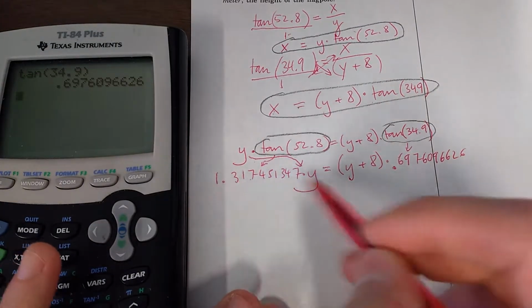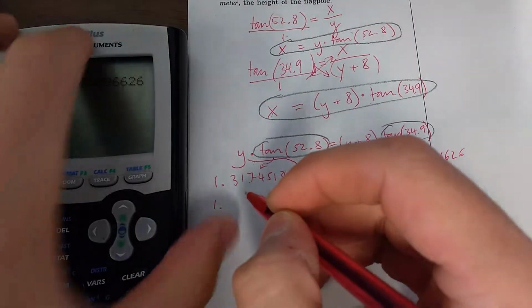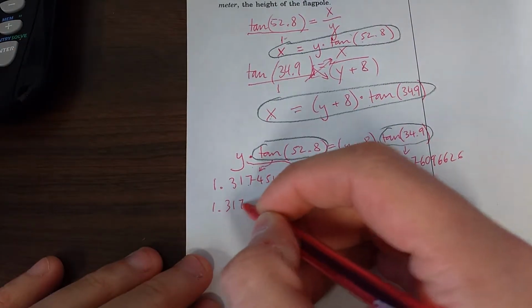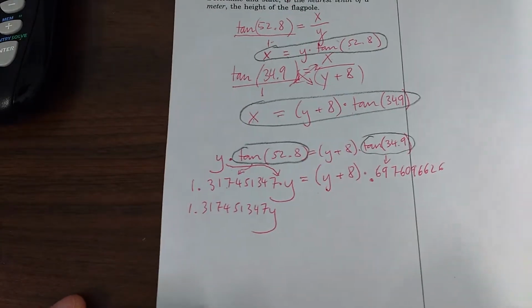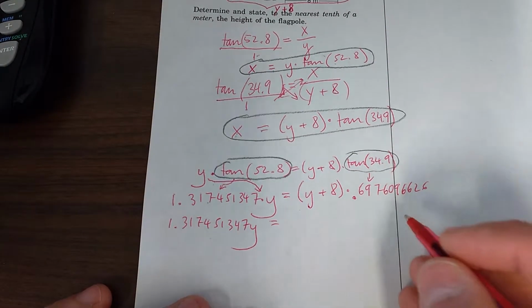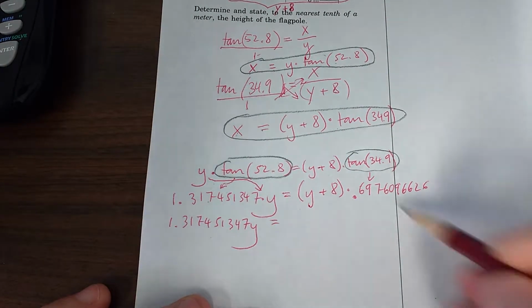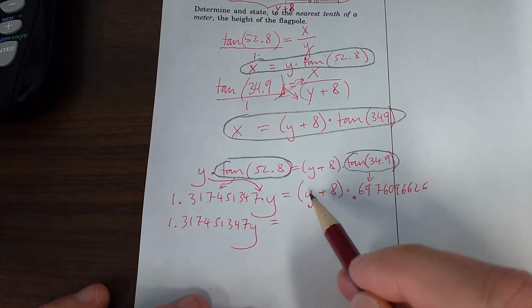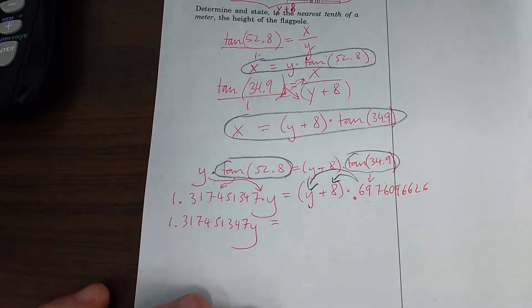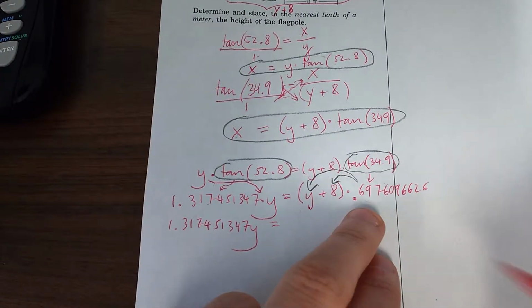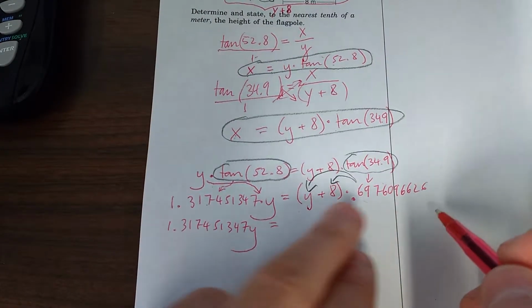On the left side, there's really nothing we can do, so I'm just going to copy this down. Okay, so that's the left side, and on the right side, we can simplify it a little bit because we're multiplying a number times a binomial, so that is distributive property. So we're going to have to multiply 0.69 and so on times y.